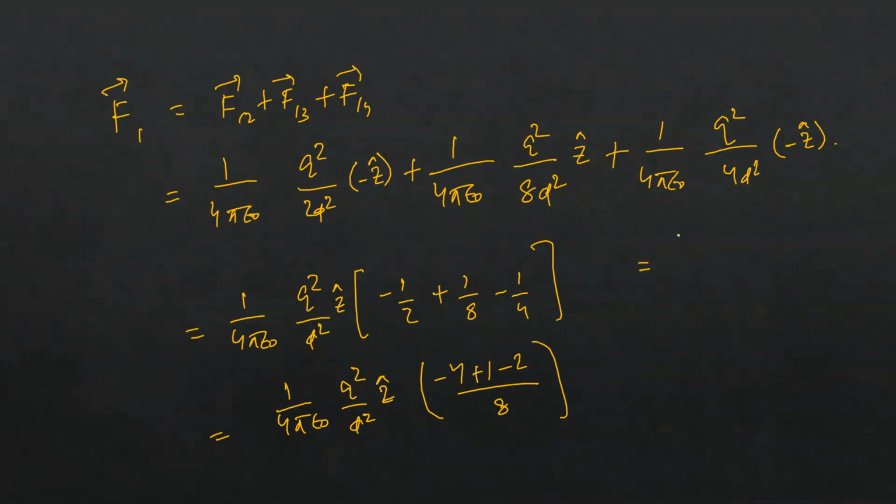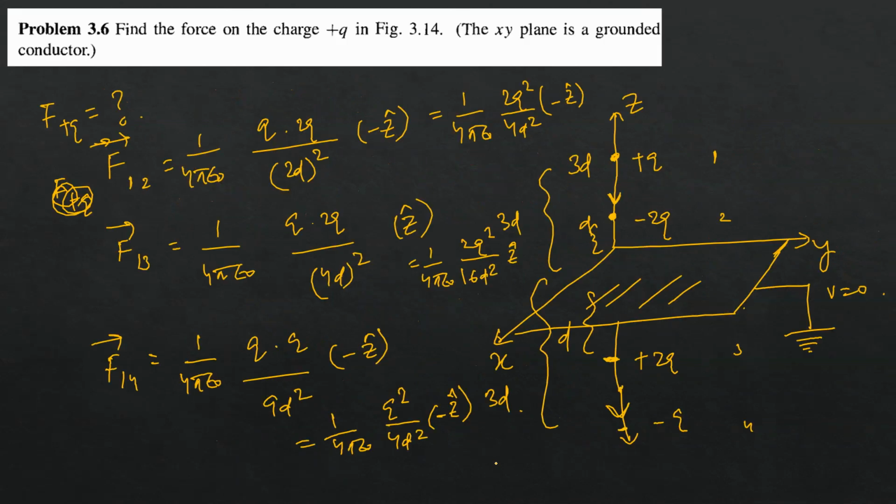So the answer is 1 by 4 pi epsilon naught, 5 q square by 8 d square, minus z cap. Is that clear, or did I make any mistake? Please let me know if I did.